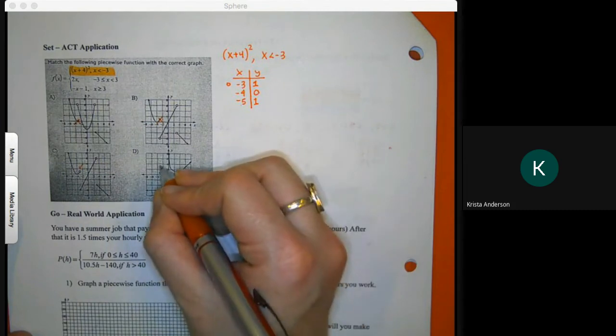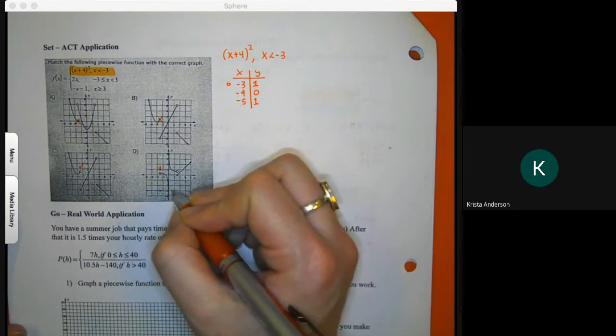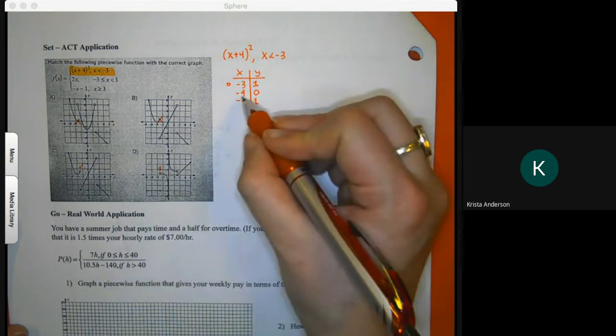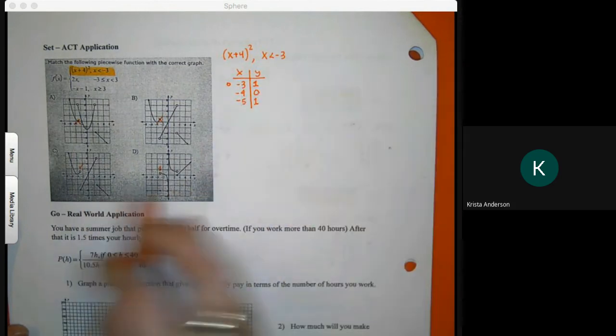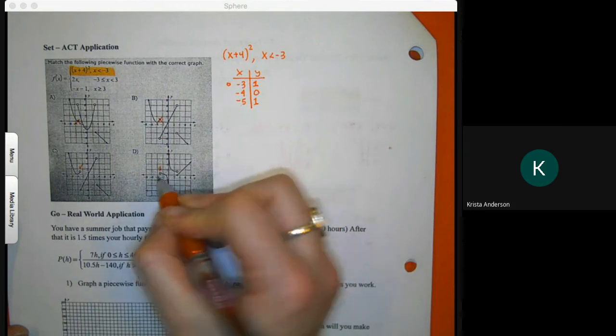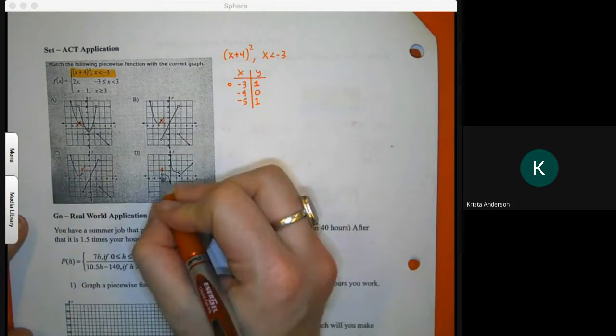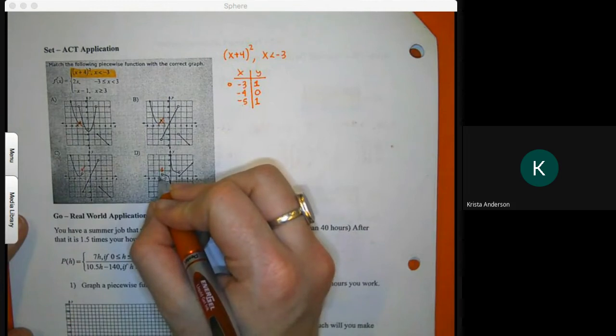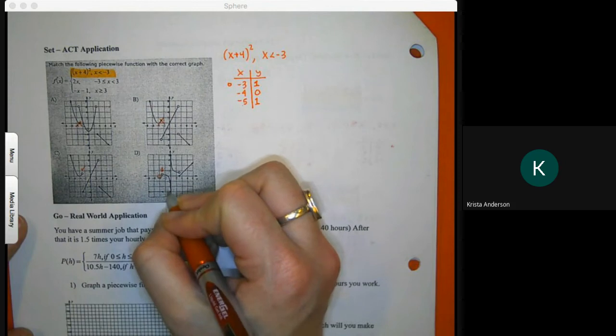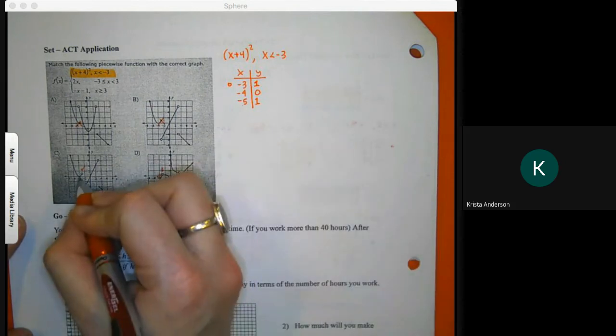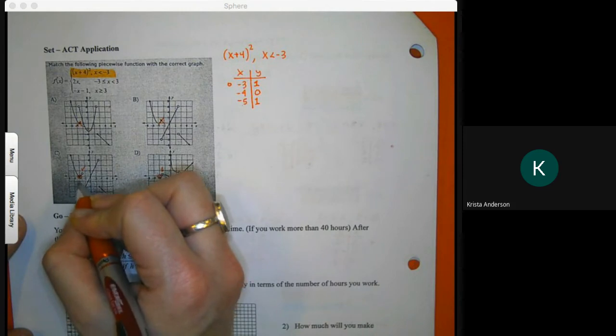This point works. What about -4, 0? Is there a point right here? -4, 0. -5 up 1.